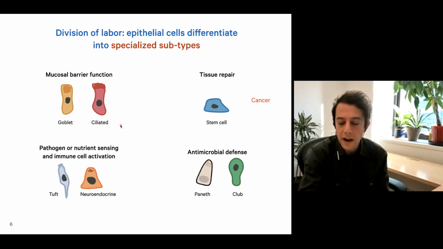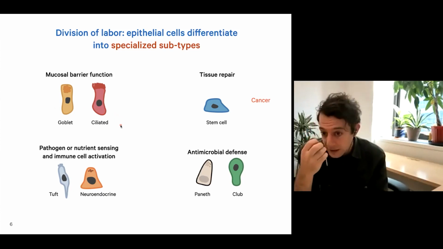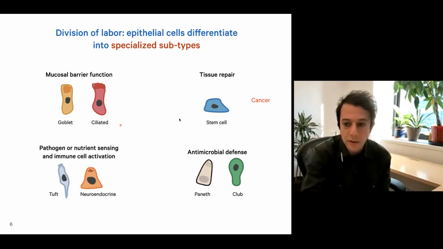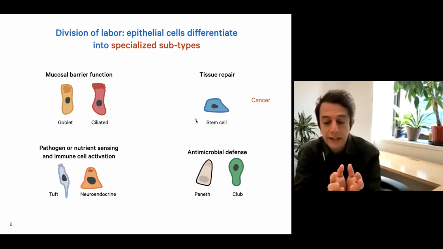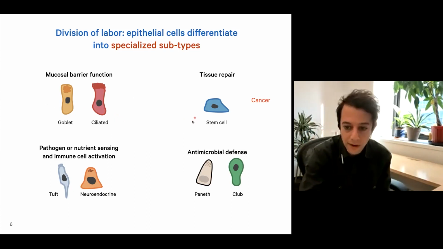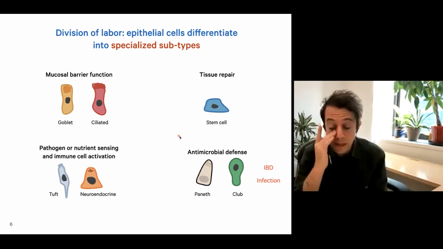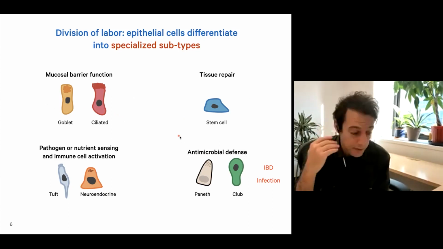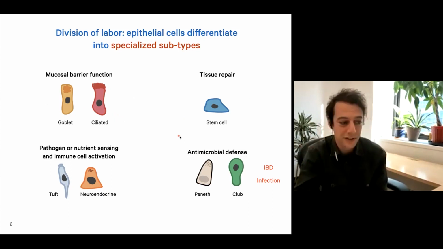Similarly, as I mentioned, tissue repair has to be mediated typically by a local pool of stem cells. In the gut, they reside in crypts, and in the airway, I'll talk more about where the stem cells are. Antimicrobial defense is mediated by Paneth cells in the gut, which produce a range of peptides, which are actually called defensins.